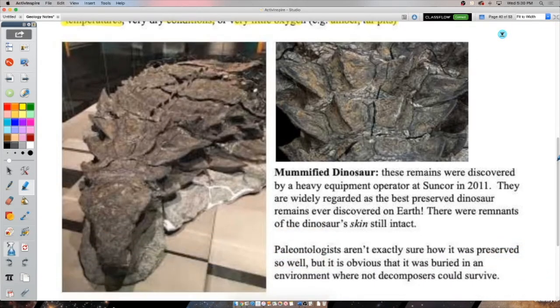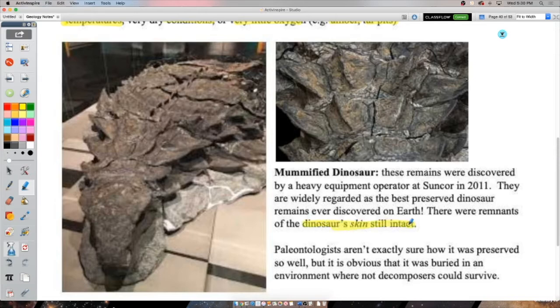Do you recognize this guy? Pretty big news when it happened. Okay, so these remains were discovered at Suncor in 2011. This is actually widely regarded, worldwide, as the best preserved dinosaur remains ever discovered anywhere on Earth, right here from Fort McMurray. Pretty cool, right? Look at this. There were remnants of the dinosaur's skin still intact.